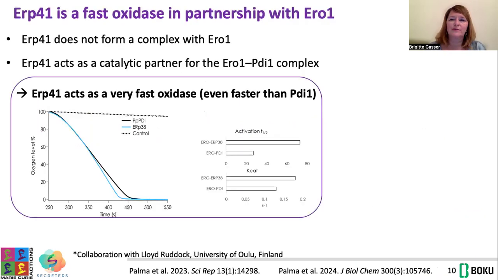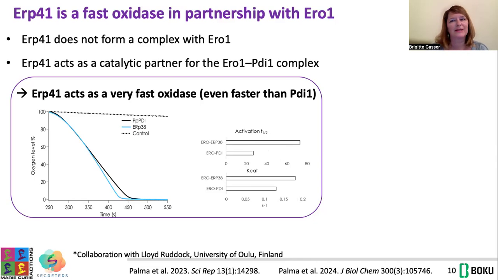And the first thing when she expressed it in the E. coli SHuffle strain was that she could see that ERP41 is not forming a complex with ERO1, unlike PDI. However, ERP41 acts as a catalytic partner for the ERO-PDI complex. And here, ERP41 is even faster than the PDI one, which was already quite fast. So you have a higher catalytic turnover, but a lower activation time for ERP41.